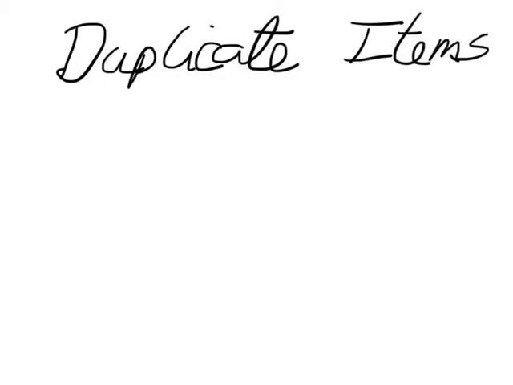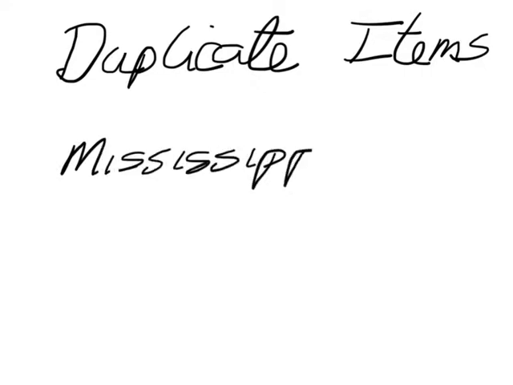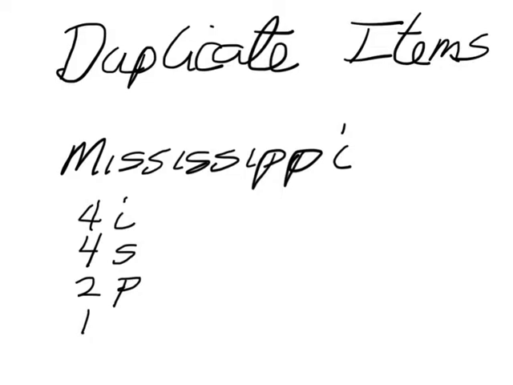Well, suppose we have the word Mississippi, and as you all know, it's M-I-S-S-I-S-S-I-P-P-I, and so there are lots of letters that repeat. In fact, there are 4 I's, 4 S's, 2 P's, and 1 M. And it turns out that's really important.